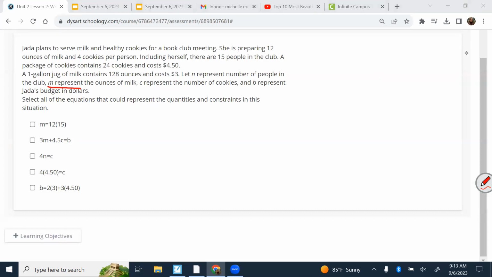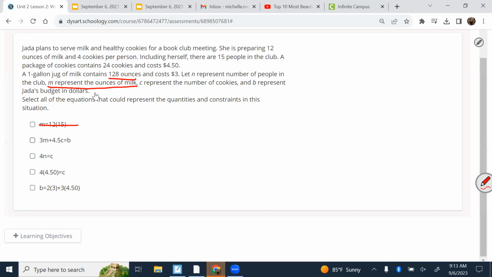If we're trying to figure out the number of ounces of milk, we know that 1 gallon contains 128 ounces. Does the 12 times 15 do anything for me? Yeah, I don't think so either, because that just has nothing to do with the ounces, which are 128. So I would not pick this one.